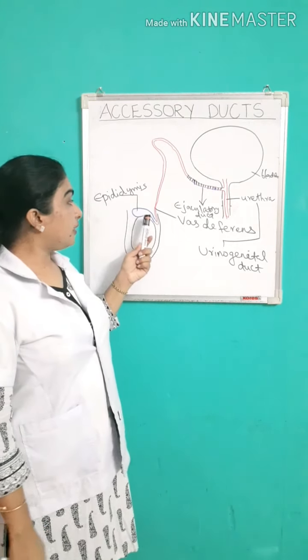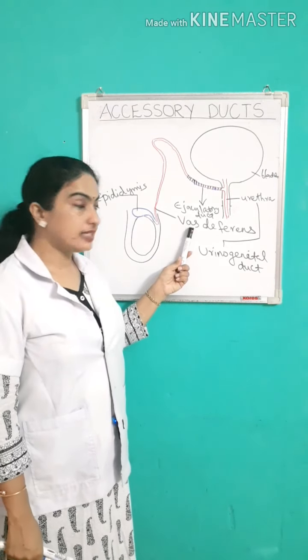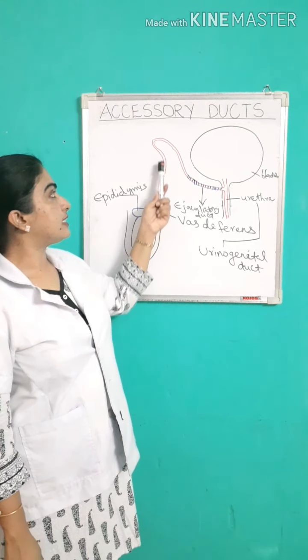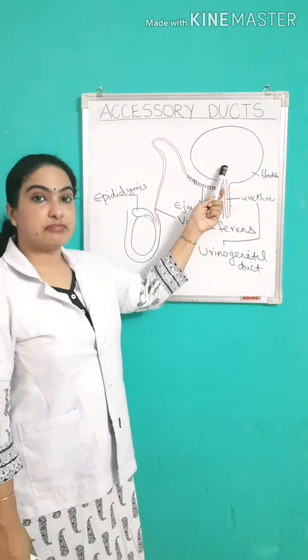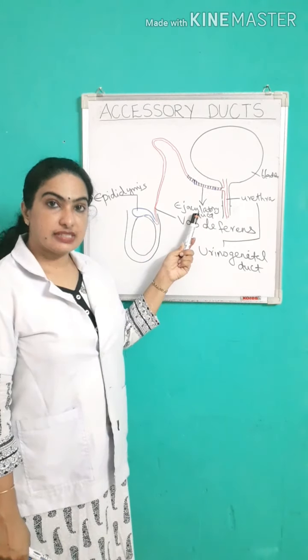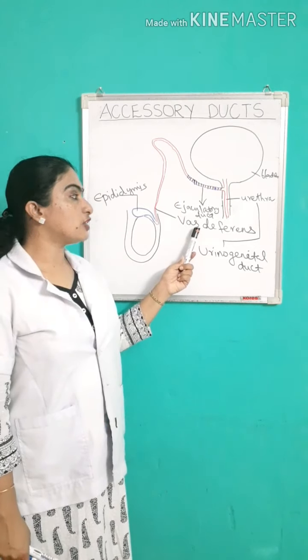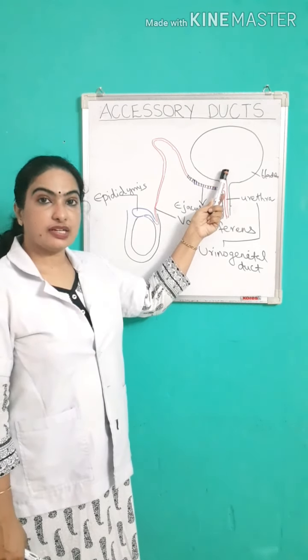And the epididymis opens into another accessory duct, which is the vas deferens. And the vas deferens goes up and loops over the urinary bladder with the help of the ejaculatory duct. The ejaculatory duct is a part of the vas deferens that loops over the urinary bladder.